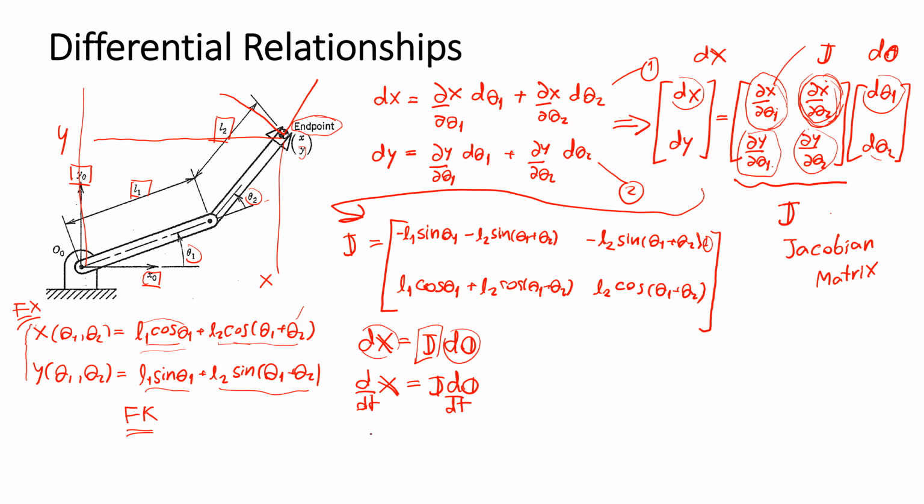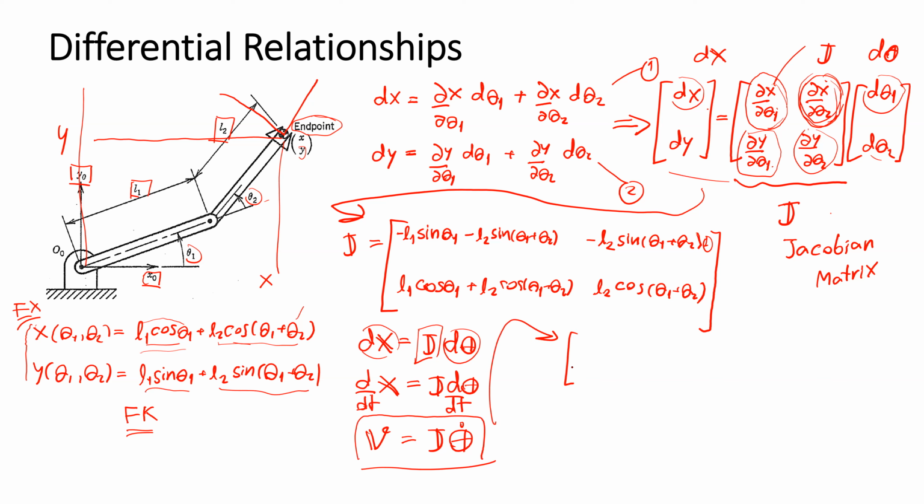We also can relate the velocity and the joint velocity. How can we write this in the matrix?